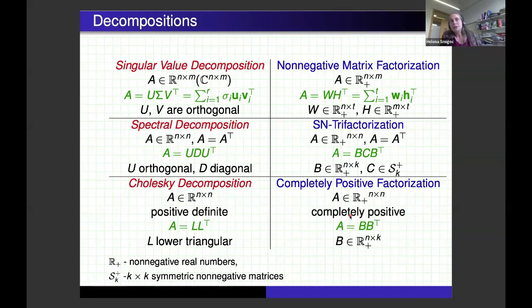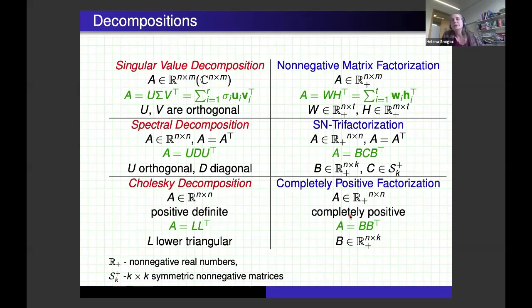So we would like to start with a symmetric non-negative matrix and look at factorizations that respect symmetry in some sense. And this brings us to the trifactorization that I'm going to be talking about. It's called SN-trifactorization, symmetric non-negative trifactorization, where we write a matrix as a product B C B transpose.